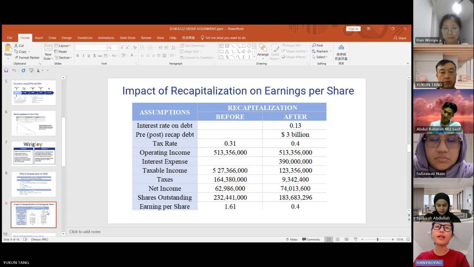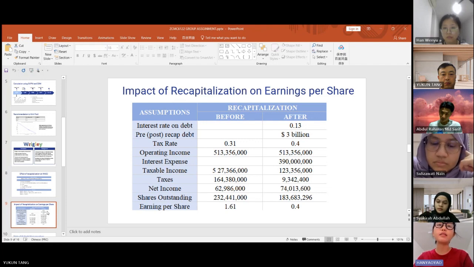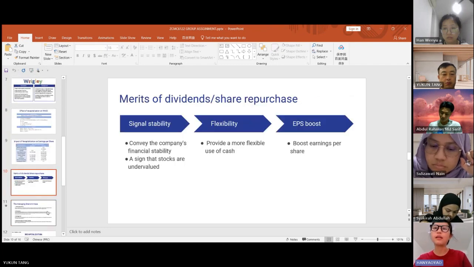The total market value of the equity after the recapitalization is $11 billion, $302 million, equivalent to the market value of the dividend instead of the share repurchase. Thank you. That's all. Next.